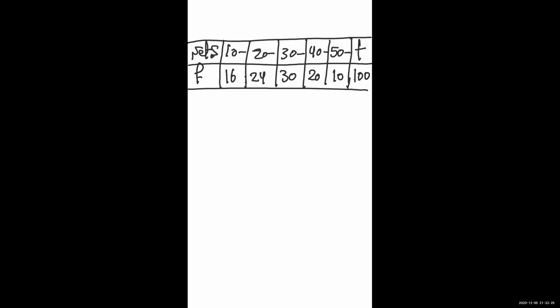Now, guys, we will find the mode mark from this frequency distribution table using the histogram graphic. So what will be the steps?